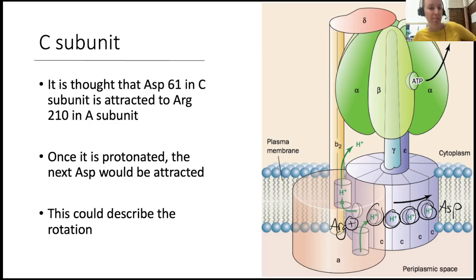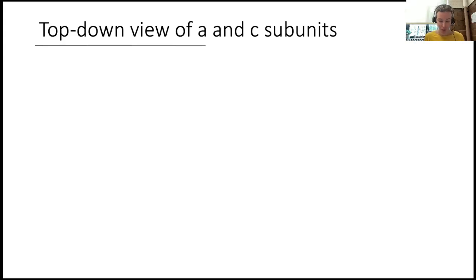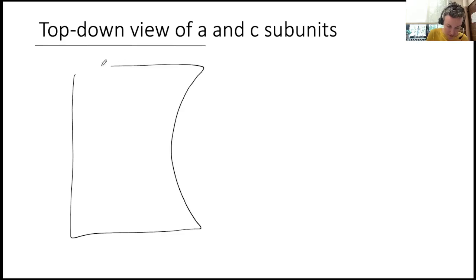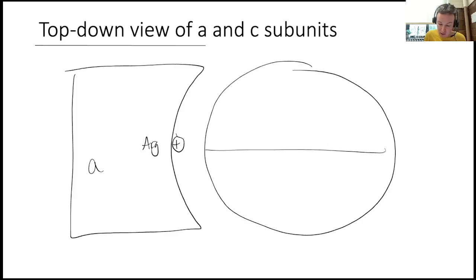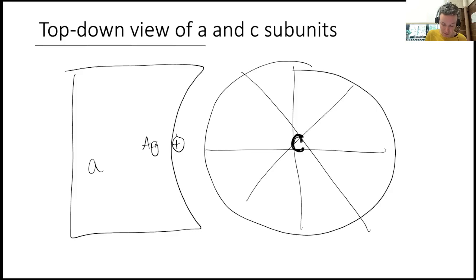Let's draw out what I mean by this, folks. So here's the A subunit with the positively charged arginine. Let's draw in our C subunits. And I'm going to simplify this a bit, folks. So these are all C subunits, and they each have aspartates.